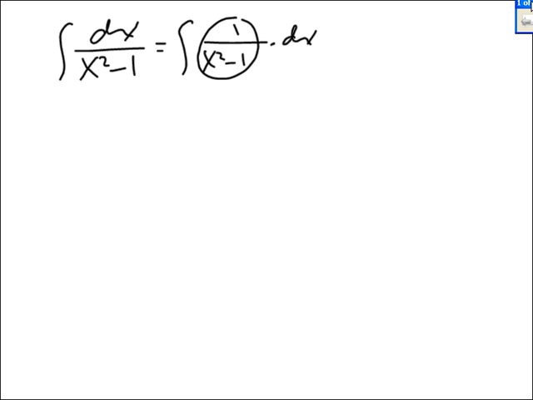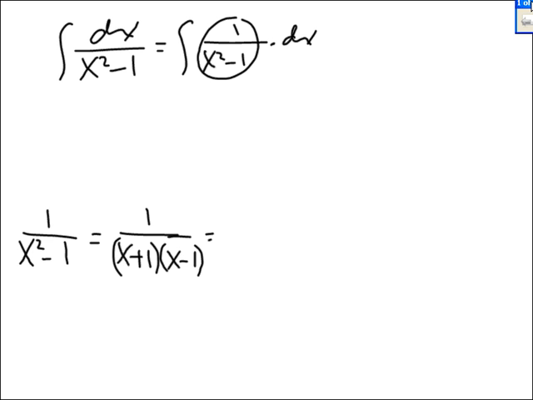Let us look at that a little bit more closely. 1 over x squared minus 1. Well, I can factor the x squared minus 1. I can factor it to x plus 1 times x minus 1.